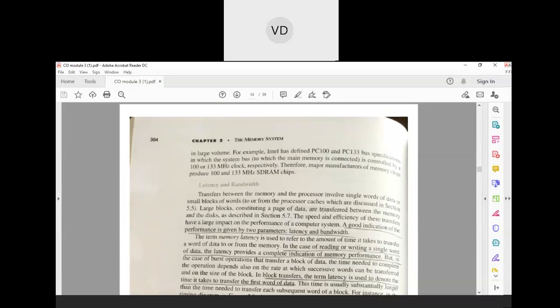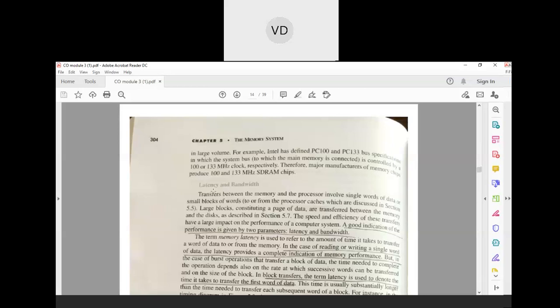So the next point which we have to consider is latency and bandwidth. We will be seeing what is this latency and bandwidth. Latency means it is a kind of delay, when you are transferring data to and from the memory, or to and from the processor.